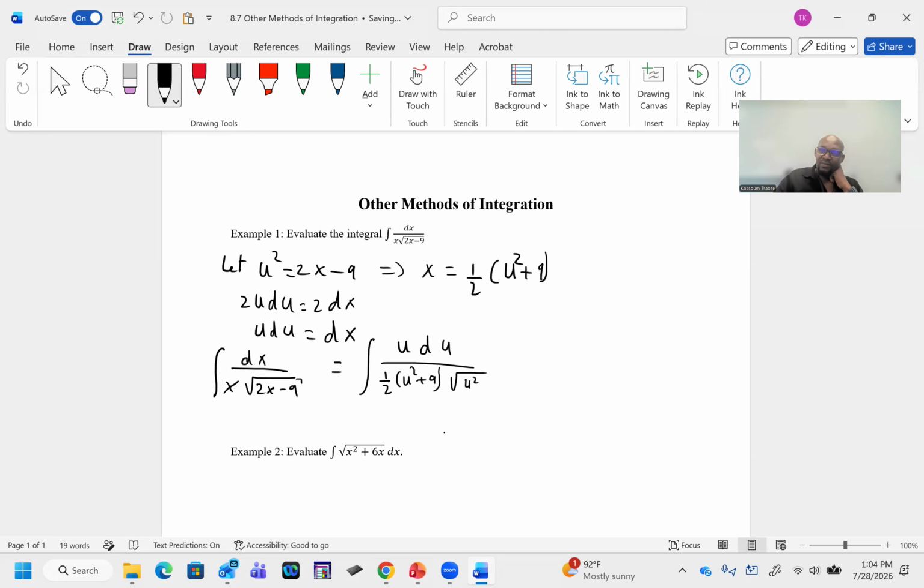So simplifying everything, I will get 2 du over u squared plus 9.